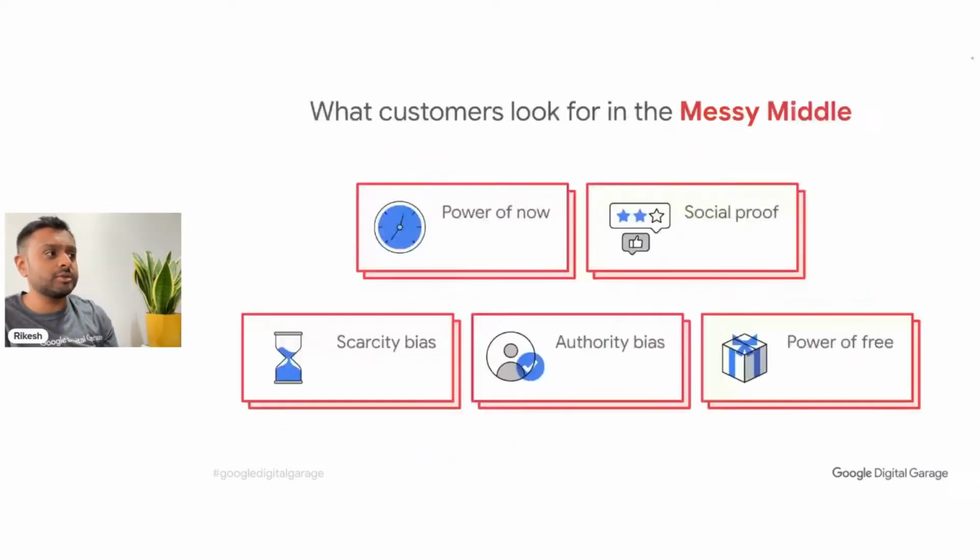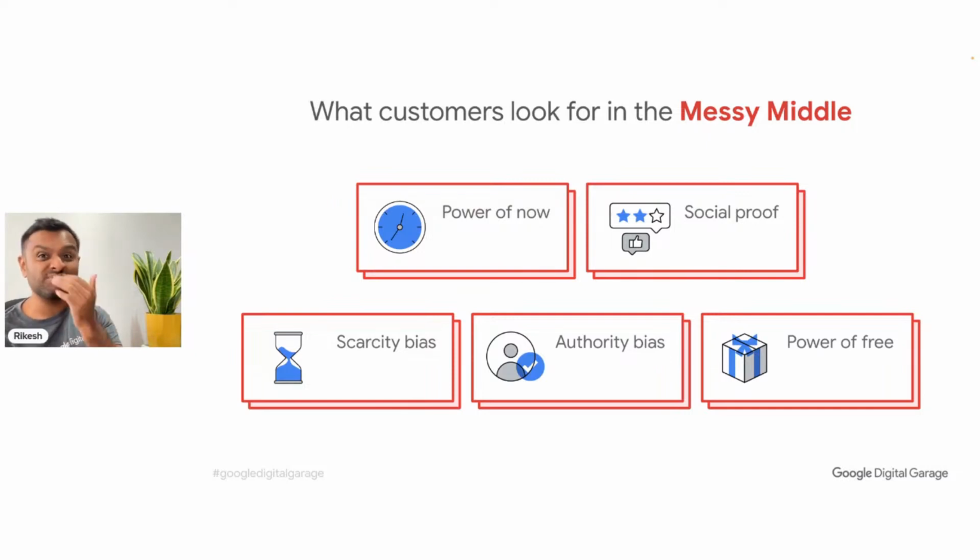But let's have a look at some of the common types of things that people look for in this messy middle part in general. So we've got power of now. That's something which people, especially when it comes to products, and it also applies to services, a lot of people are searching for.